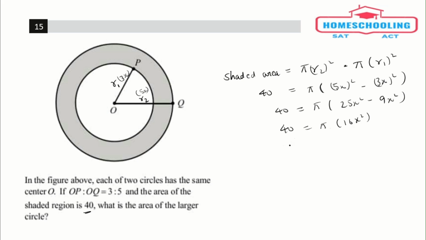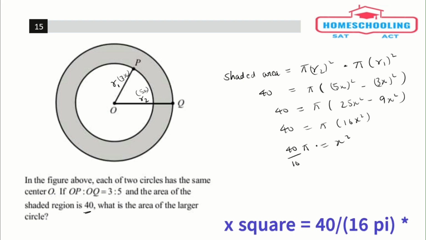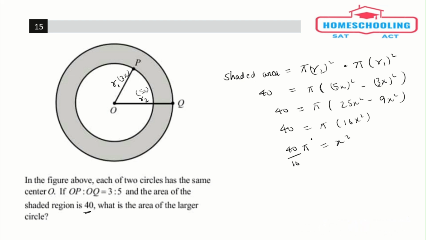So if we take that on this side, 40 pi by 16 pi is equal to x square. Anything else that we can do here?